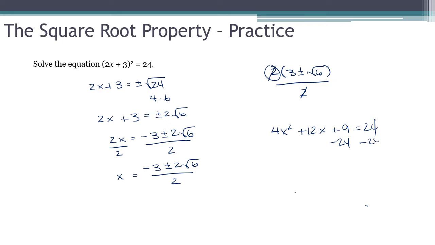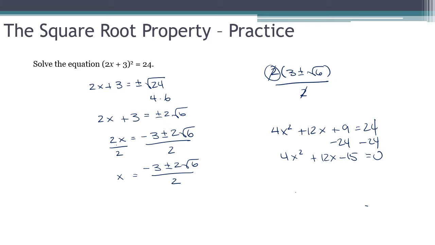Subtract 24 from both sides. 4x squared plus 12x minus 15 equals 0. That doesn't factor. Absolutely not. So previous to this, we'd have been dead in the water. We would have had to say we can't solve it. So the square root method is a great step forward because it lets us solve equations that we would never have been able to solve before.